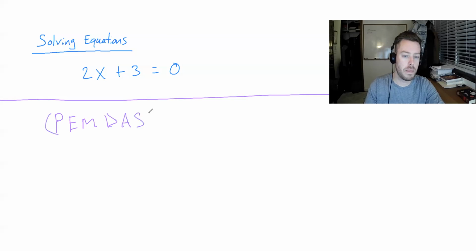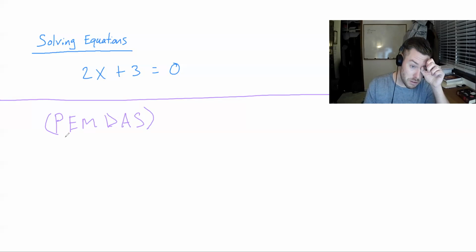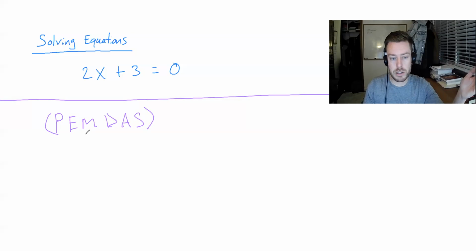Some people call this "Please Excuse My Dear Aunt Sally," and it's just an acronym for the order of operations on how to solve an equation. P stands for parentheses, E stands for exponents, M stands for multiplication, D stands for division, A for addition, S for subtraction. So this is just your order of operations here.